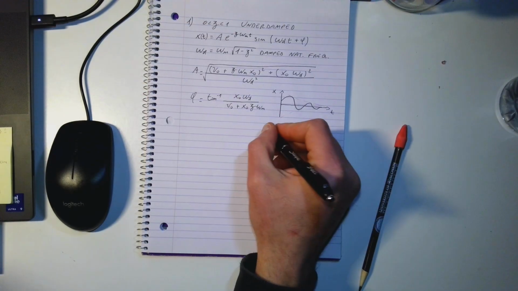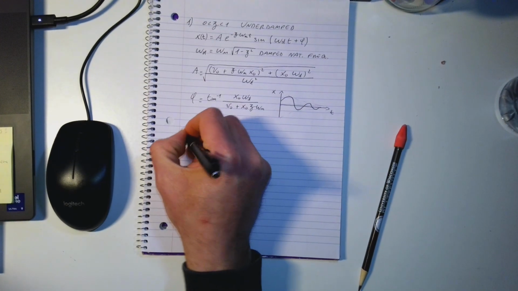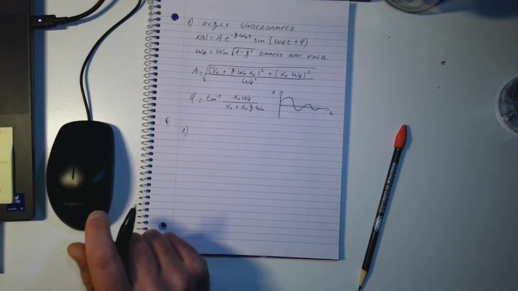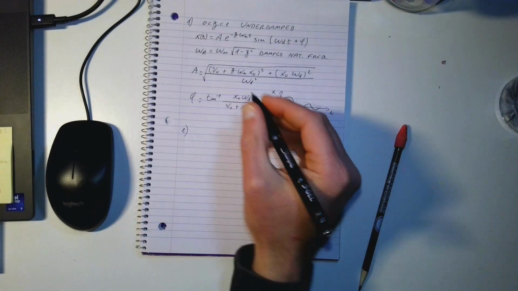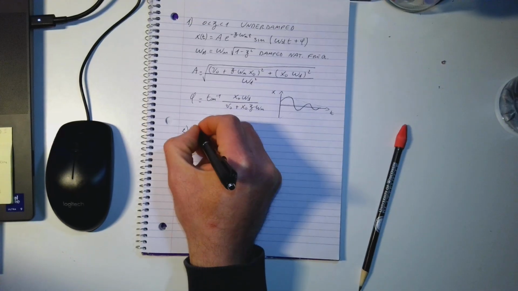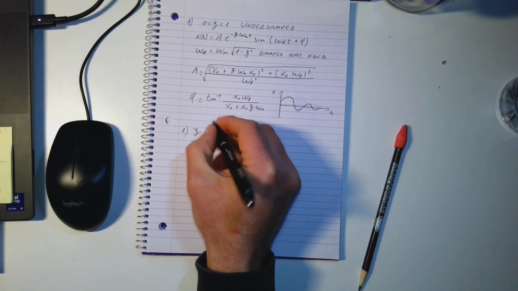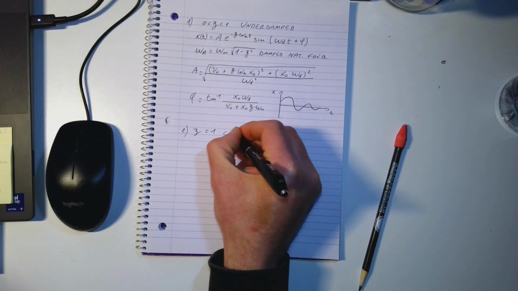So the second case, which is the critically damped motion, when zeta is equal to 1.